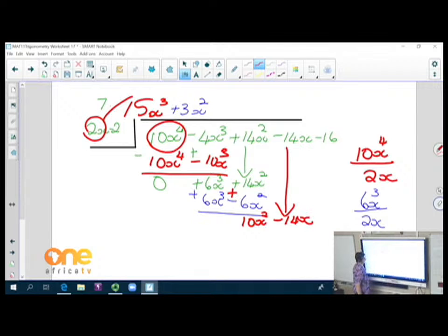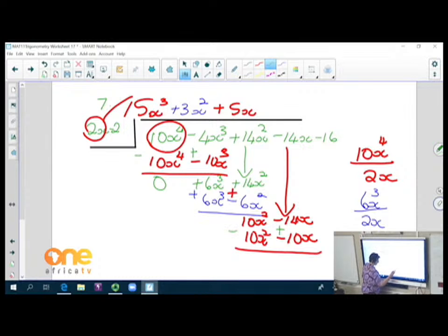How many times will it divide now? 5x times. Multiply, then you have 10x squared minus 10x. And we subtract. Change the second signs. Eliminate. This one is negative 4x. And this one comes down, the negative 16.